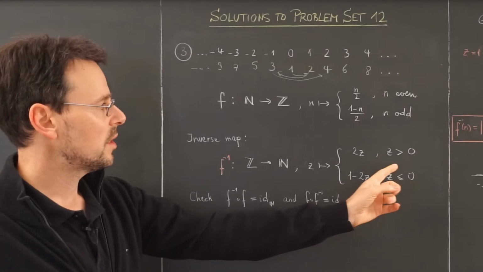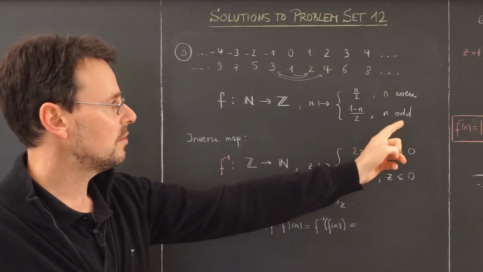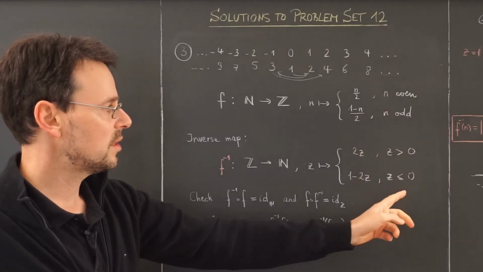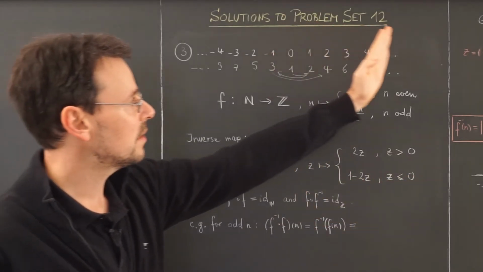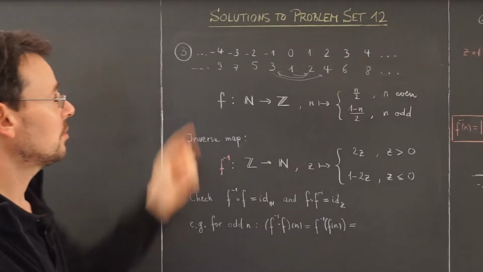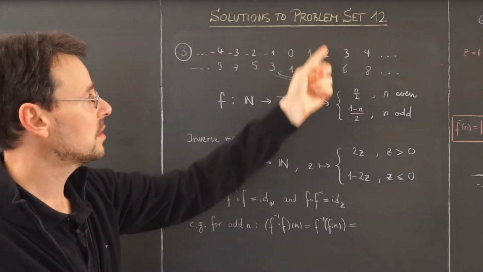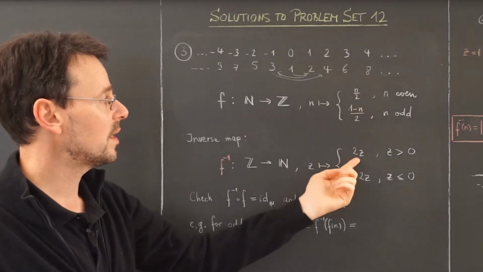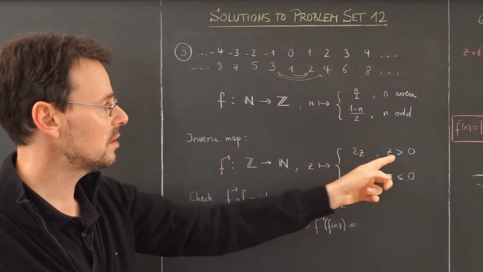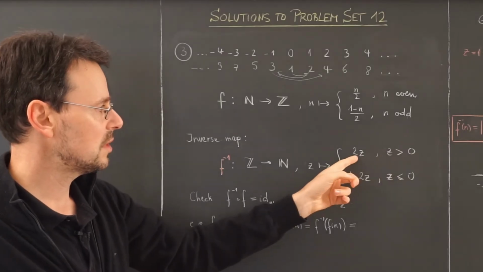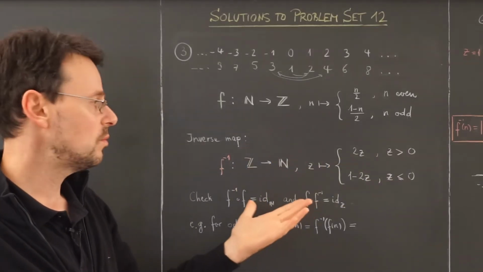And the distinction now is not between even or odd, but between positive or negative or 0. So let's look at the positive integers up here. What happens? They all get mapped to 2 times themselves. 1 goes to 2, 2 to 4, and so on. So here, for positive integers, we simply take times 2.